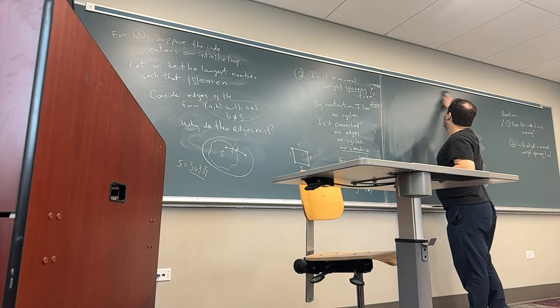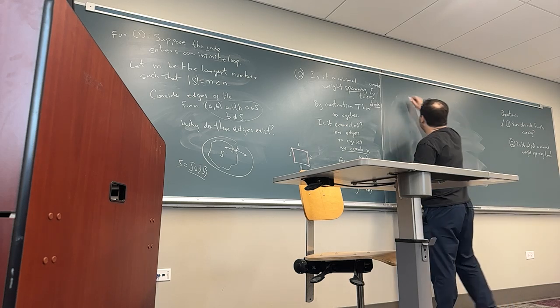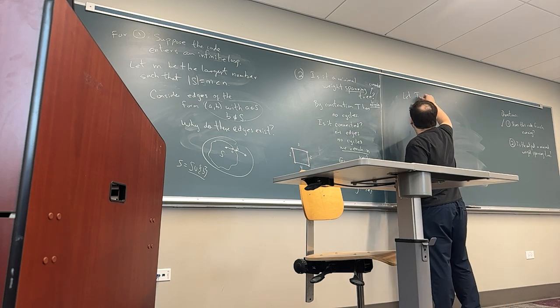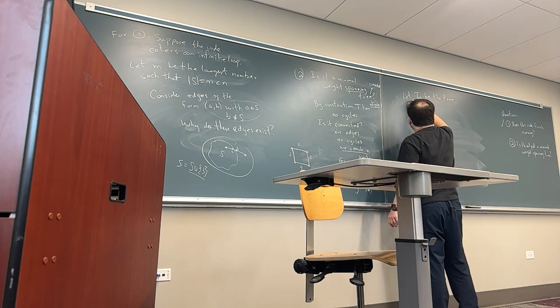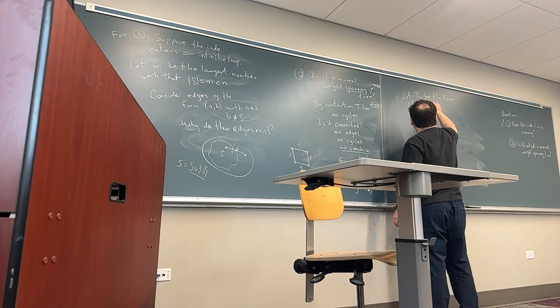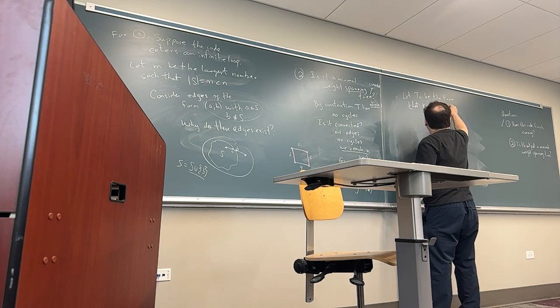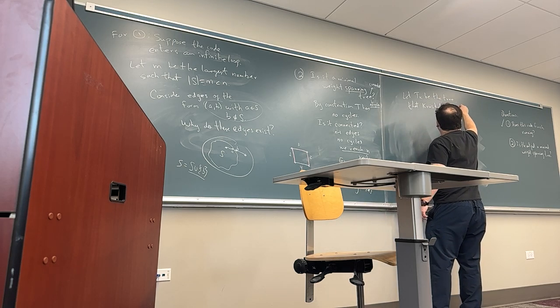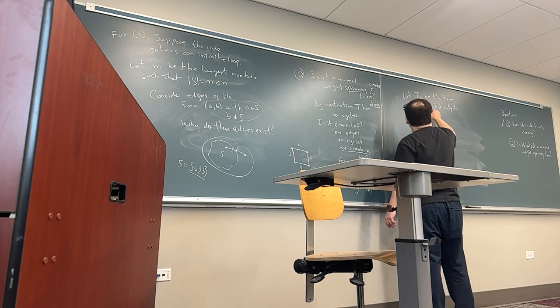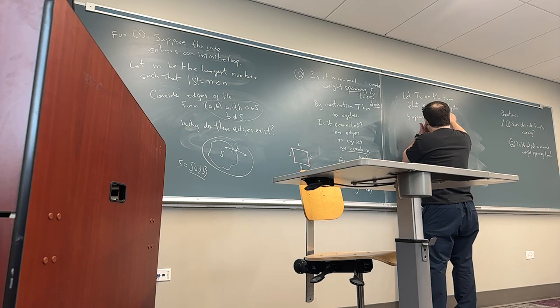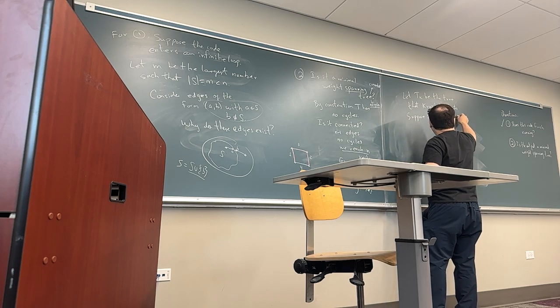All right, so let T_K be the tree that Kruskal outputs. Suppose it's not a minimal weight spanning tree.